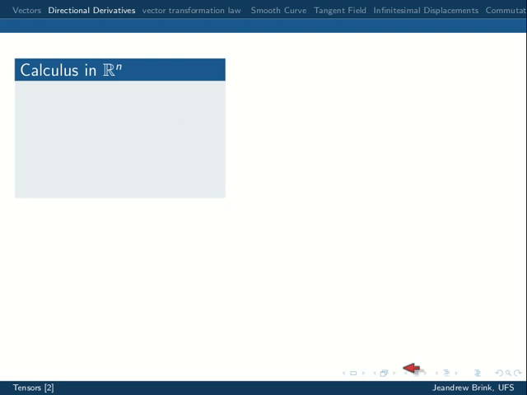And to do that, what we're going to do is we're going to use a result from calculus, which is very closely related to a Fourier expansion.